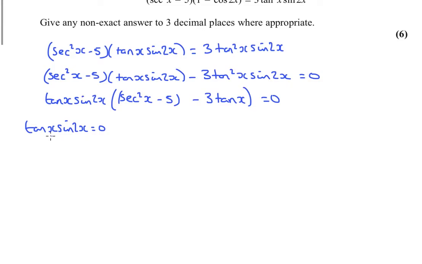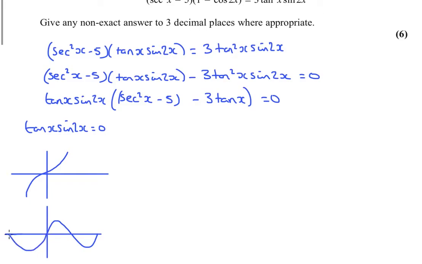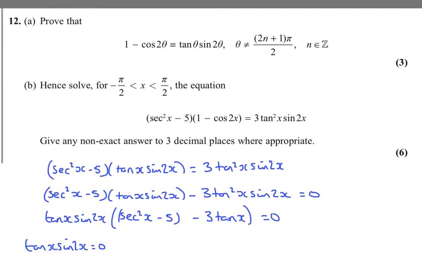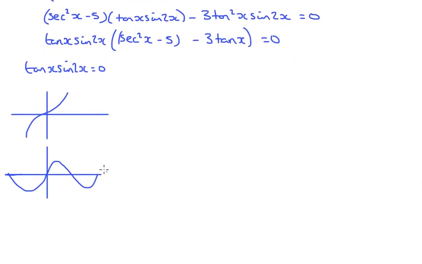If this is equal to 0, and you think about the graphs of tan x and sine x between, what's the range? Between minus pi over 2 and pi over 2.